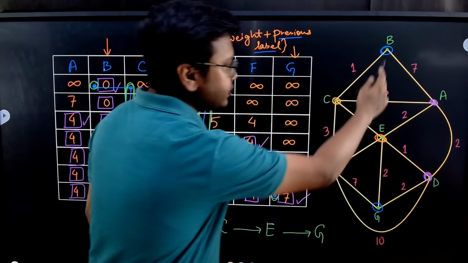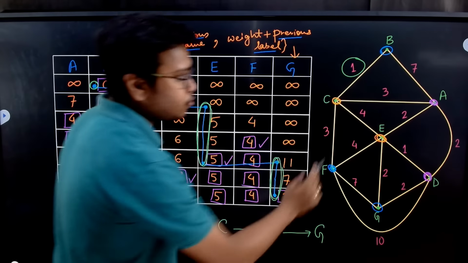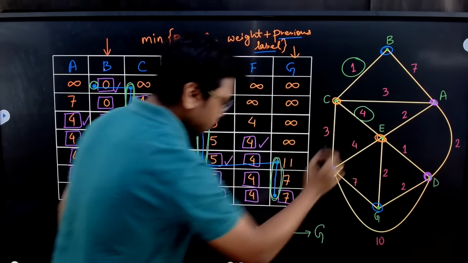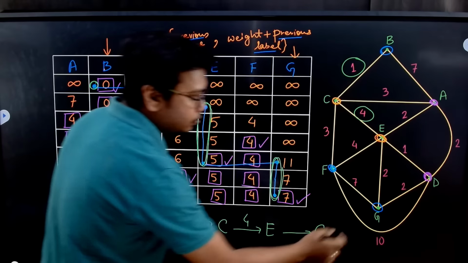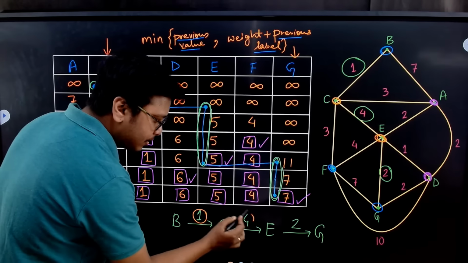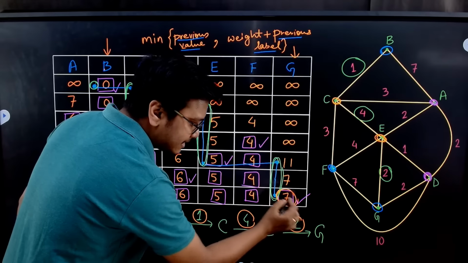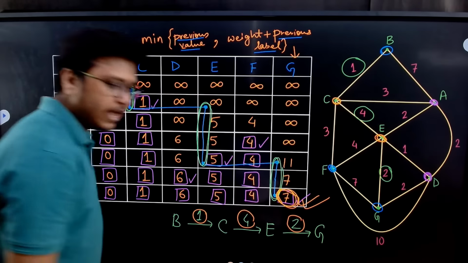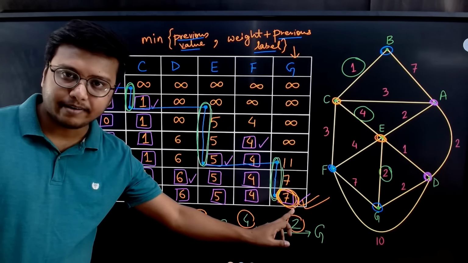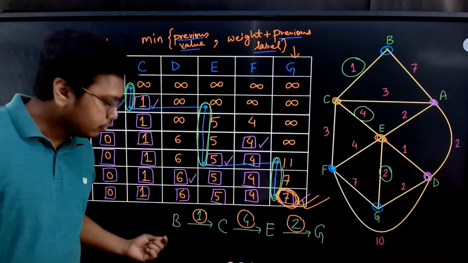From B to C the weight was 1, from C to E the weight was 4, from E to G the weight was 2. So if we just add them, 1 plus 4, that's 5, 5 plus 2, that's 7, and that is exactly the same value that we had got over here, 7, right? So this is the weight corresponding to the shortest path.